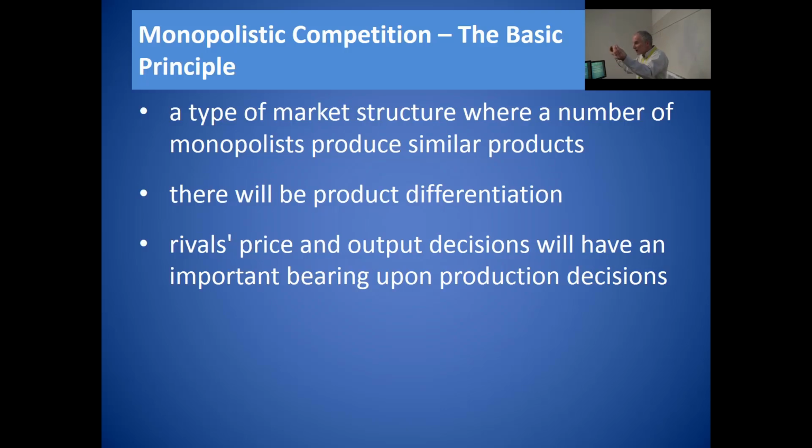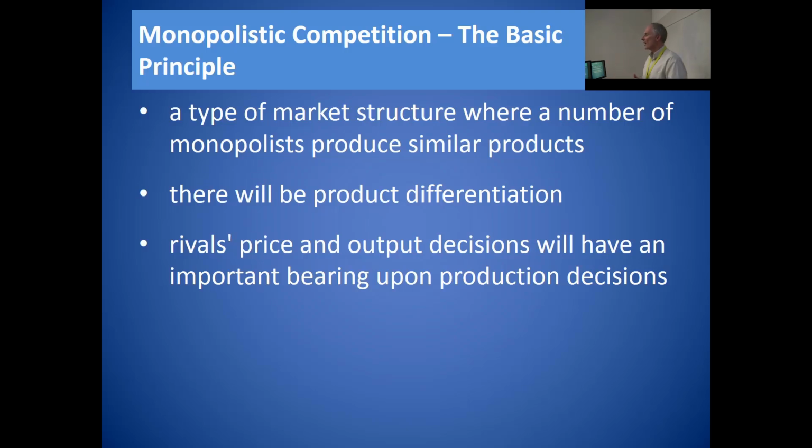So these are monopolists producing their own unique outputs. But, to varying degrees, Pepsi-Cola and Coca-Cola are substitutes for one another. They are brands of what essentially is the same good. And that's the nature of monopolistic competition.